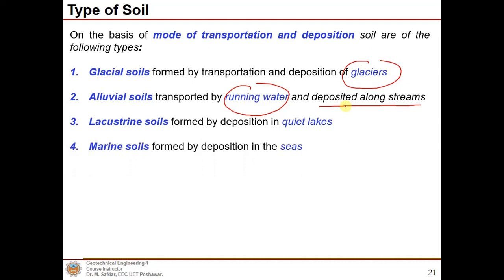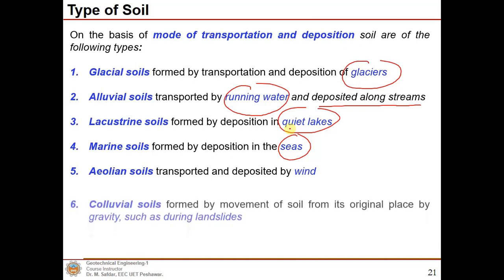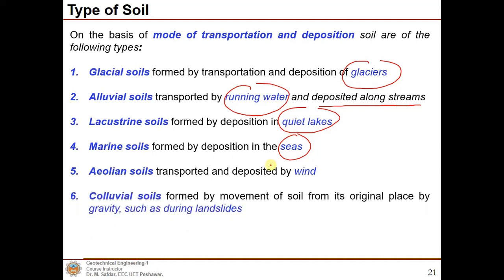Marine soils are formed by deposition in seas. Aeolian soils are transported and deposited by wind. And colluvial soils are formed by movement of soil from its original place by gravity, such as during landslides.